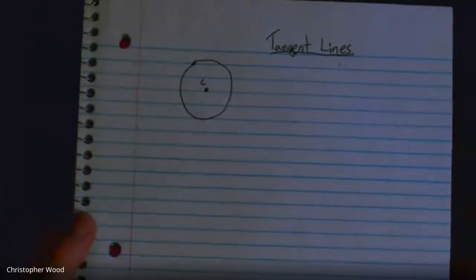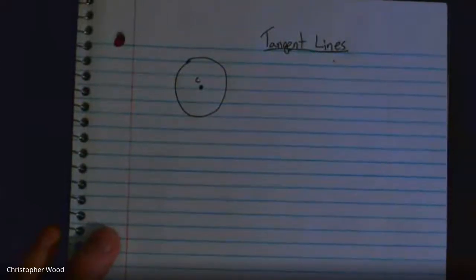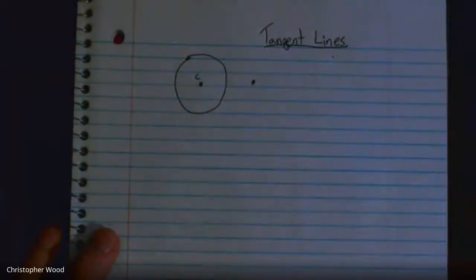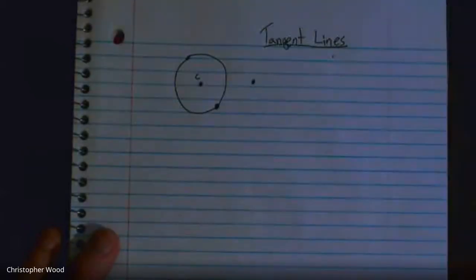A tangent line is a line that will intersect with the circle. It does touch the circle, but it only crosses at exactly one point. So if I had a dot somewhere off of the circle over here, and there was a line that I drew through that and a point on the circle, let's say the line crosses through these two points.